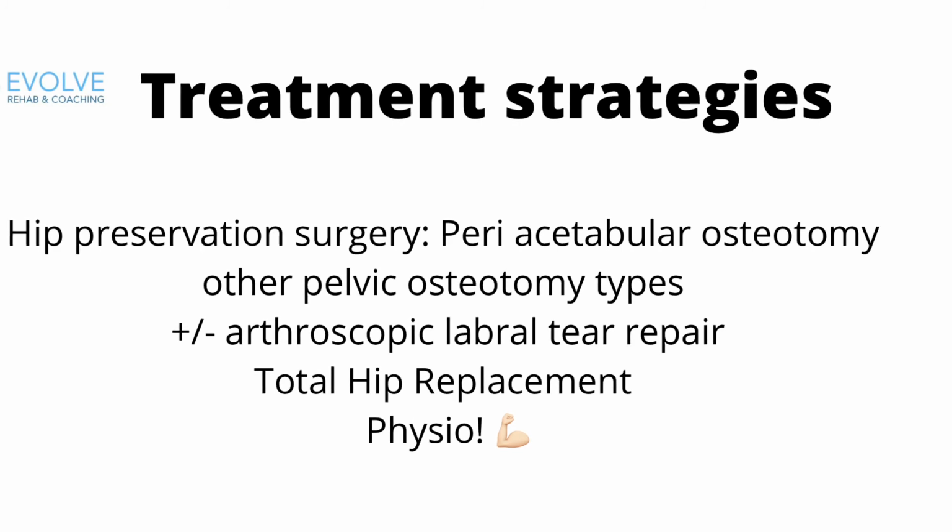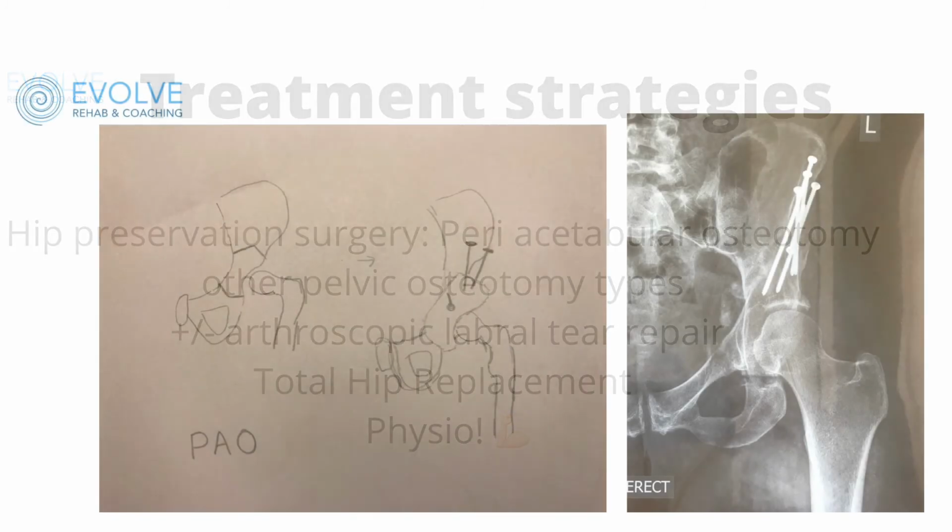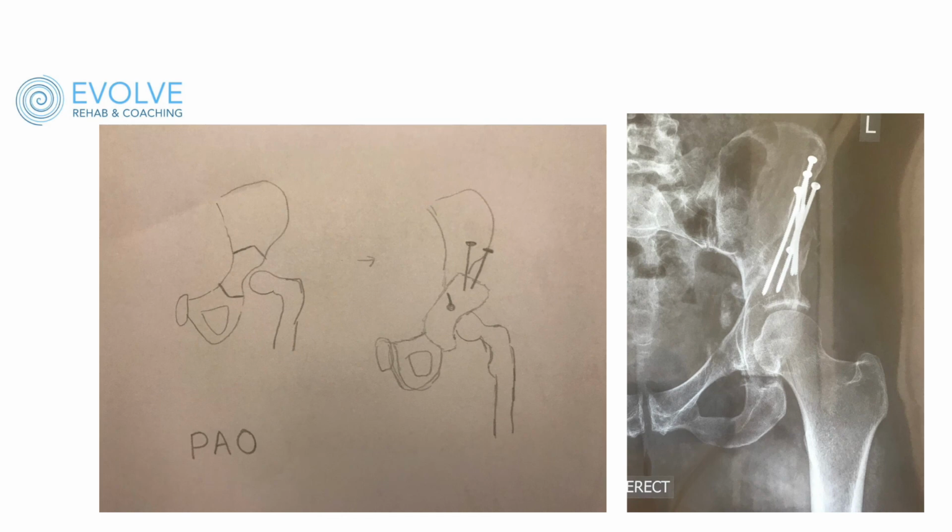So here I've given you a little image of how a PAO works. They cut around the acetabulum, rotate it to give you good head coverage, and then screw it into place. It takes about 8 to 12 weeks for the bone to heal, and for 8 weeks you will be using crutches to protect that.